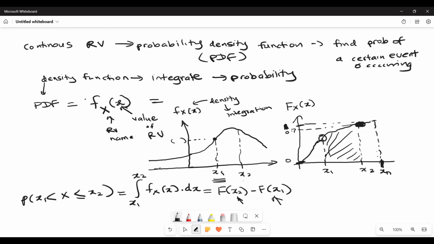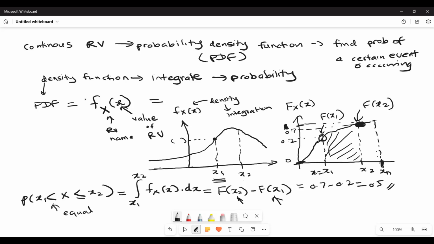Let's say it's 0.7, and let's say this is 0.2. So we take the subtraction between these 2 points, and then we can define the probability as some kind of value, right? As I said, here we don't put the equal sign, because once I take the subtraction between Fx2, this is the Fx2 point, and this is the Fx1 point, I subtract the point where x equals x1.